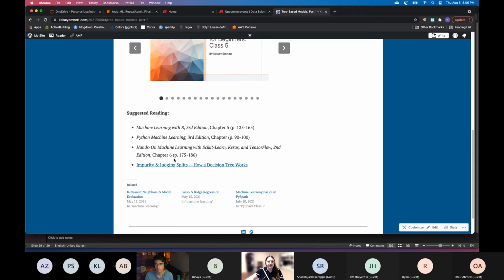The way I would usually learn this is I'd go through and read this one, which is very high level. Once I got a good grasp on that, I would move on to the Python machine learning. If I understood that pretty well, then I would maybe stop. If there were certain aspects that I was still confused about, then I would either read another chapter if I'm still really confused.